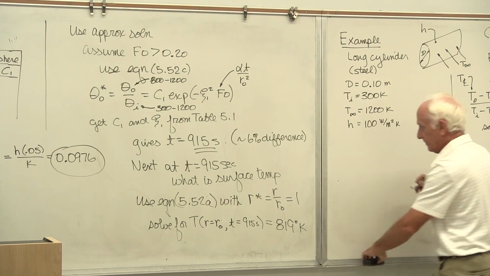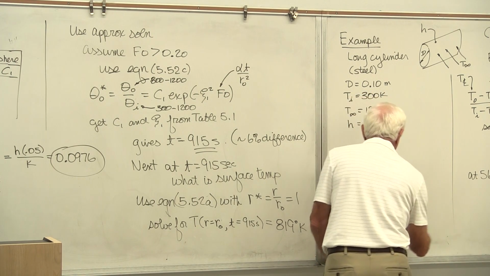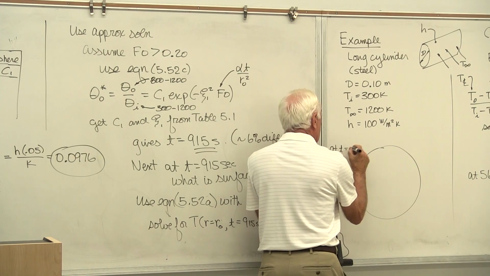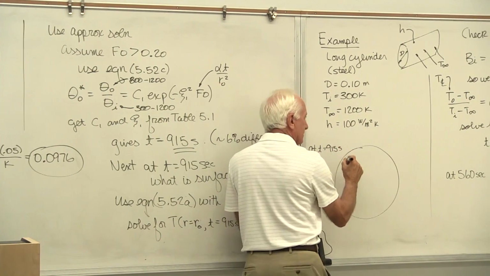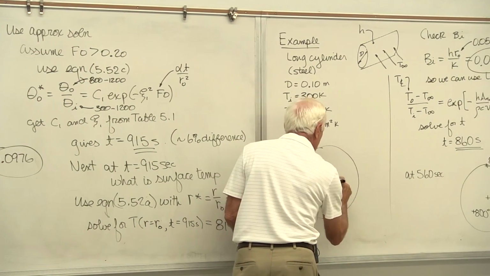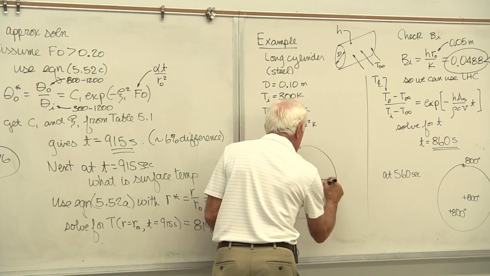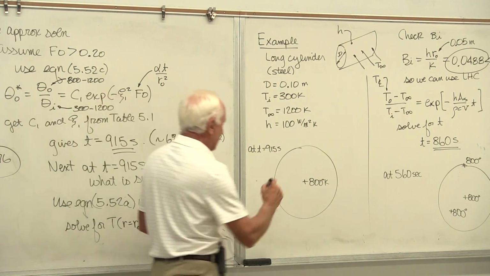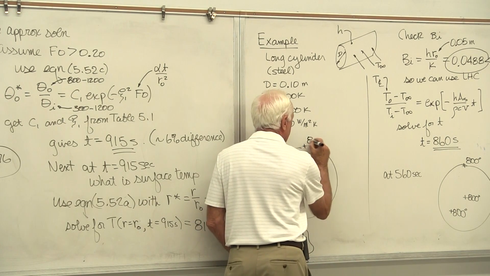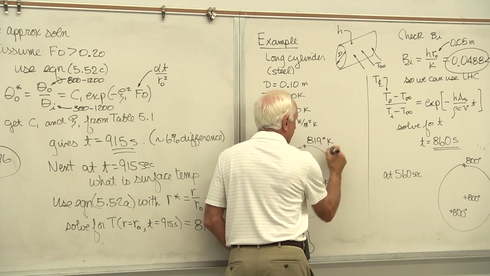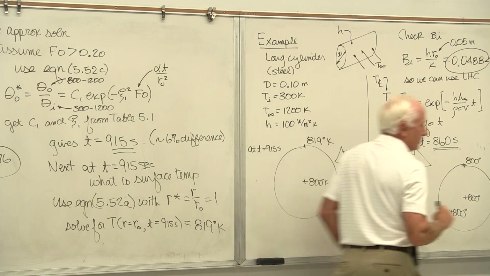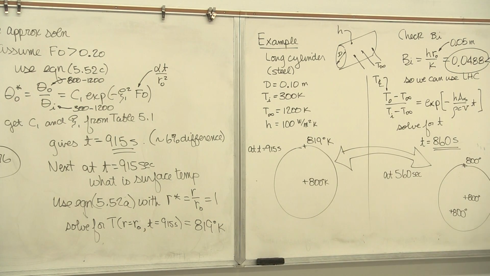So here's the picture for that. At time equal 915 seconds, the center of the sphere has reached 800 degrees K, but the surface now is at 819. And you can compare the two to see the difference.